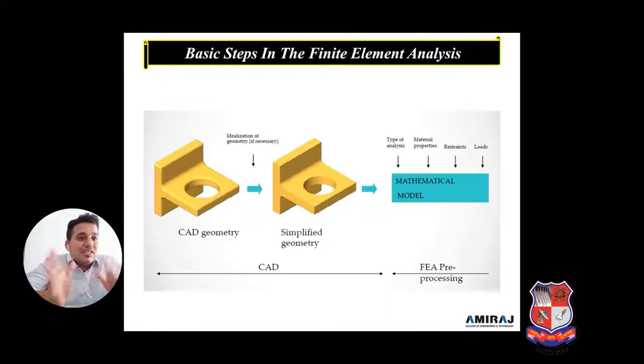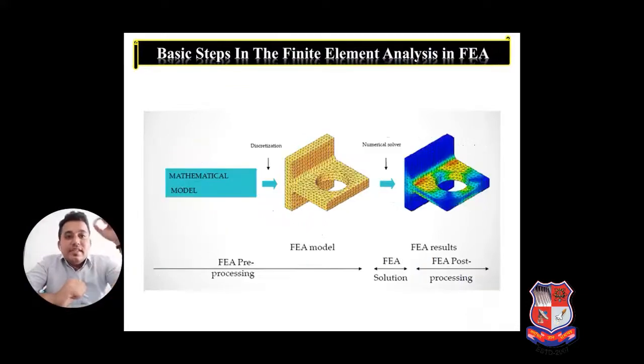The main task of FEA is to process the type of analysis, material properties, constraints and loads. Finally we have to find the mathematical model. This mathematical model creates the mathematical algorithm, then we compute the solution, and finally we find the solution as per the applications, as you saw in the last diagram.